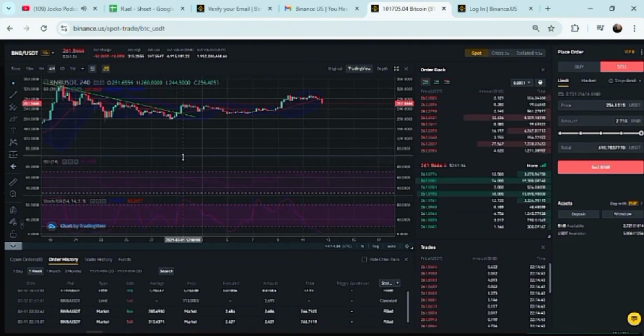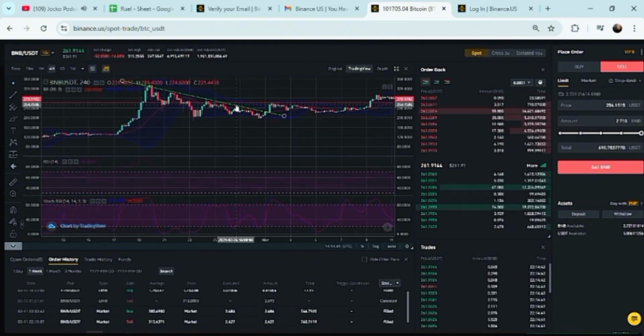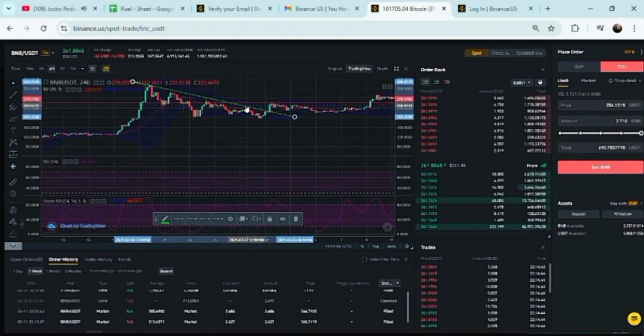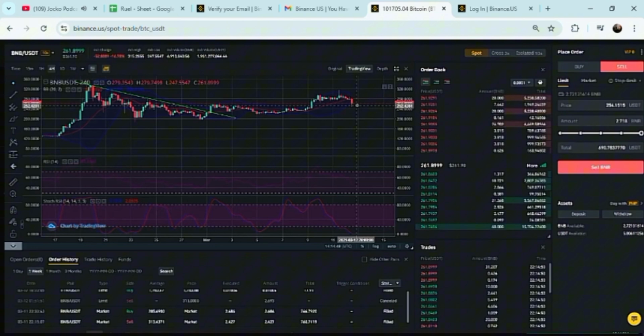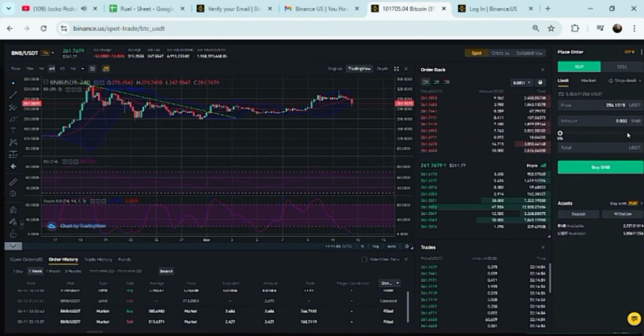Now that we've covered much of the trading here, I'm going to be talking about advice I could give you in ensuring that you have a safe account. It's very important to have an account that is relatively safe. So that's what we're going to be discussing in the next sector here.